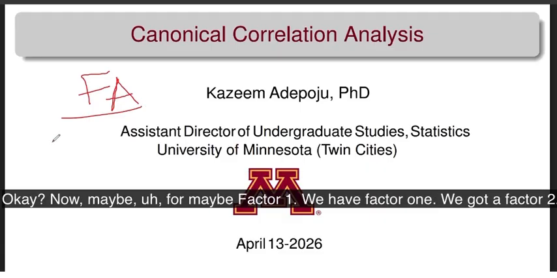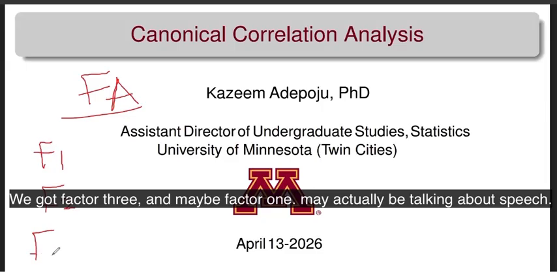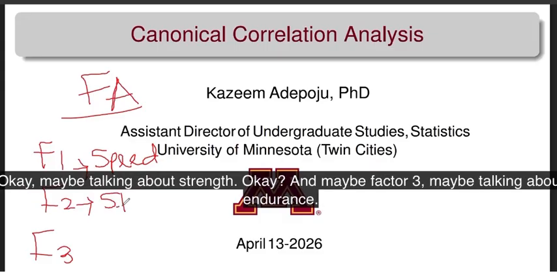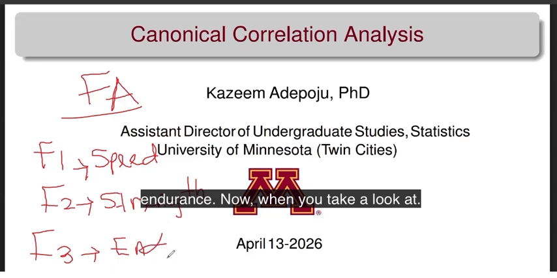Now maybe we have factor one, factor two, and factor three. Maybe factor one may be talking about speed ability, and maybe factor two is talking about strength, and maybe factor three is talking about endurance.